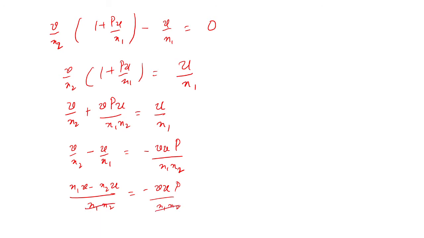So n1 n2 cancel out. Then I can write this as n1 v minus n2 u is equal to negative vup.